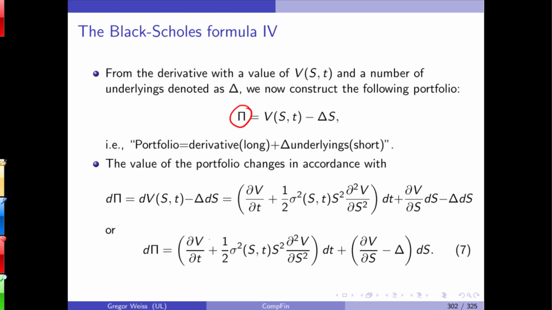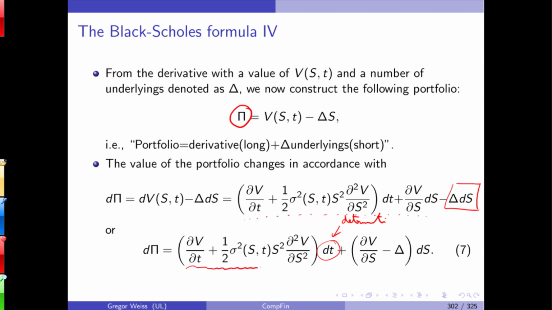So dV becomes this, and this is just delta dS. Rearrange it a little bit, and you can see we have something in dt and something in dS. Again, remember, dt is deterministic.